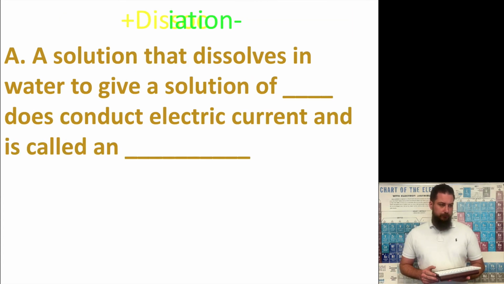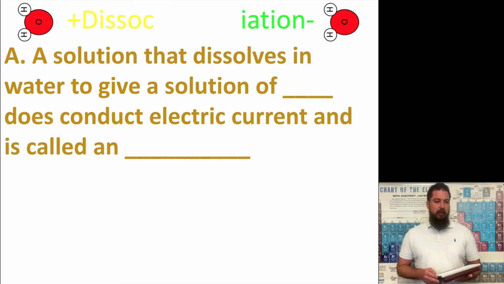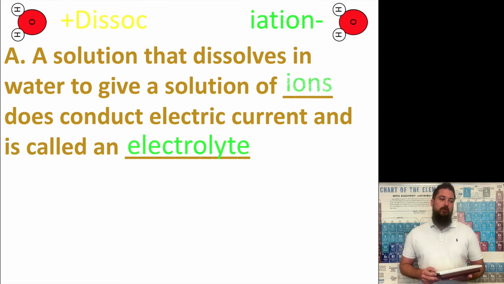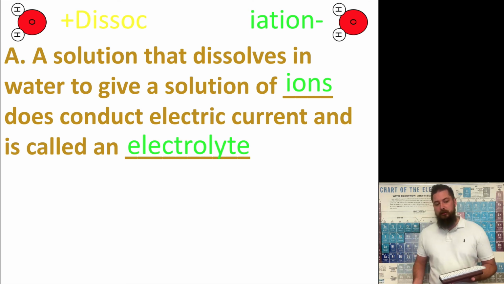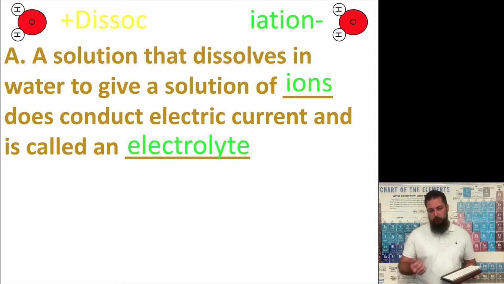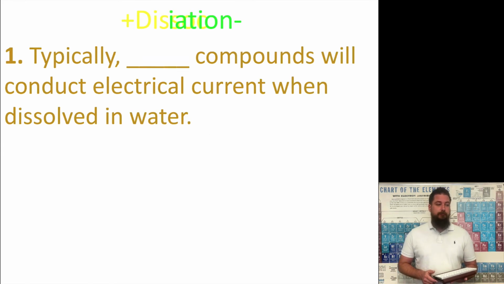And so a substance that dissolves in water to give a solution of ions will conduct electricity and is called an electrolyte. And when you hear the word electrolyte, you think Gatorade. It's called that because Gatorade has ionic compounds dissolved in it that help replenish the electrolytes in our body, which our body needs.